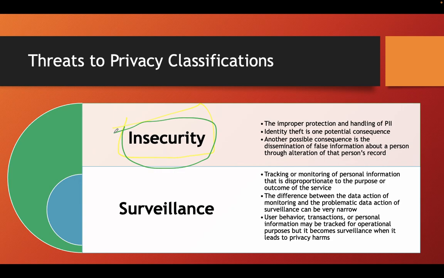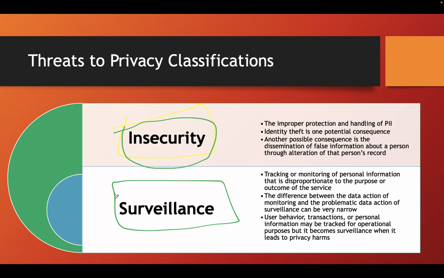Then number 5 is surveillance. Surveillance is seen as tracking or monitoring of personal information that is disproportionate to the purpose or the outcome of the service. Surveillance is not only limited to this.